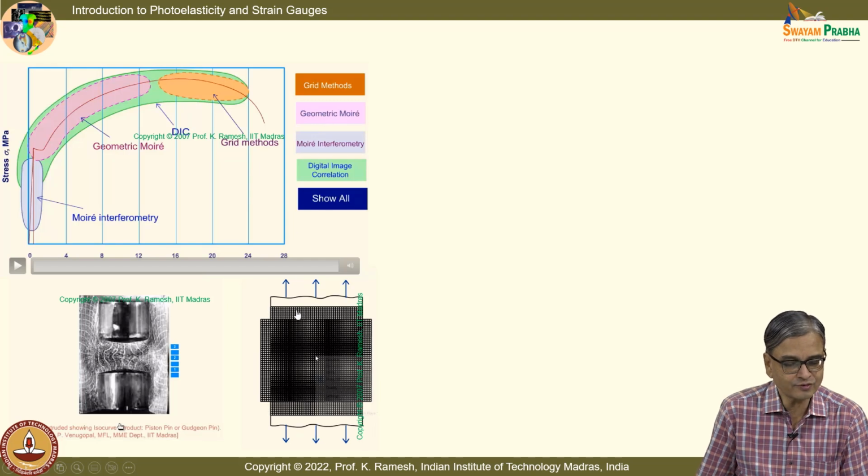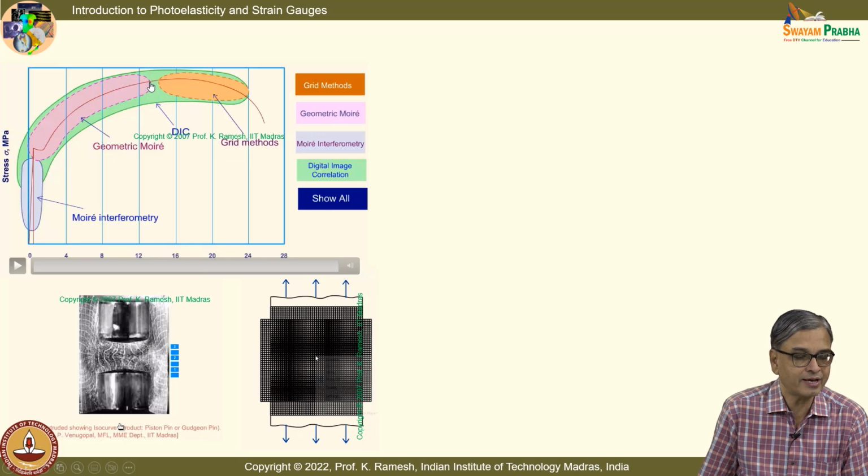I view the square grid with another square grid which is called a master grating. Because of mechanical interference of these two grids, you have improved the accuracy. That comes under the category of geometric moire. So, this can operate somewhere around 2% strain to somewhere around 13 or 14% strain.